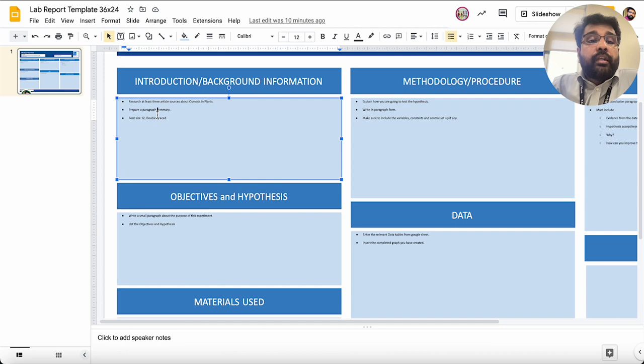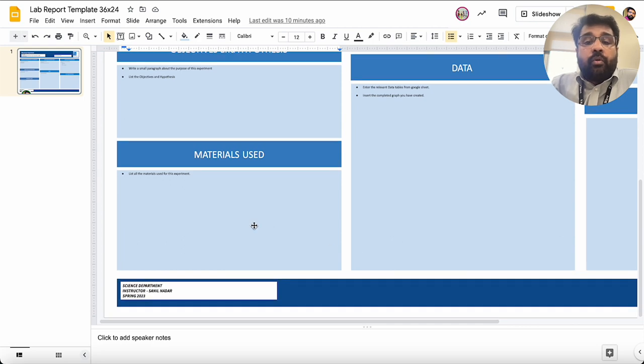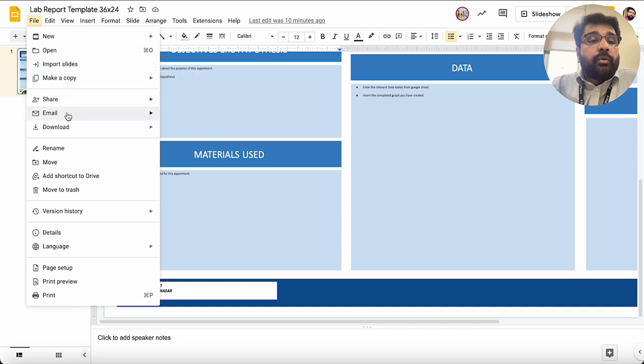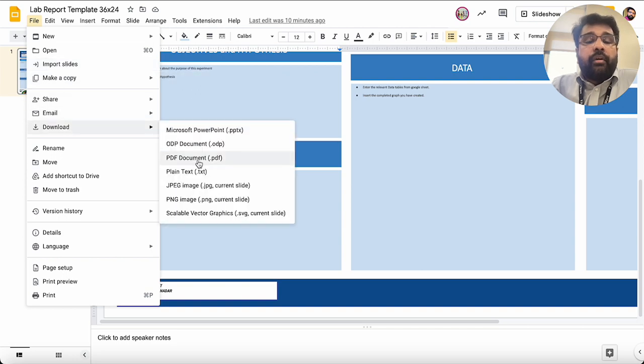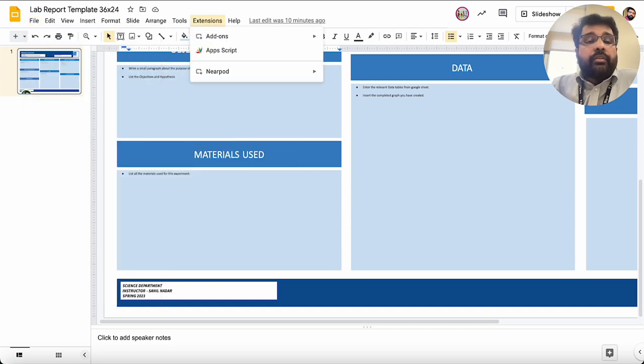Another important thing is the font size. I do not want the font size to be more than 12 anywhere in typing this information. And once you complete the whole thing, make sure you download this file, export it as PDF, and then submit it in Canvas.